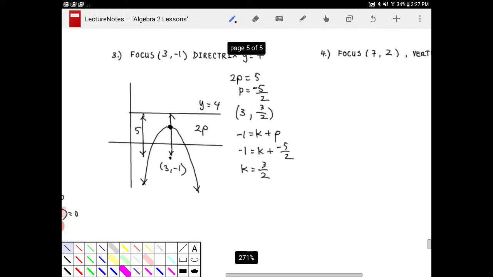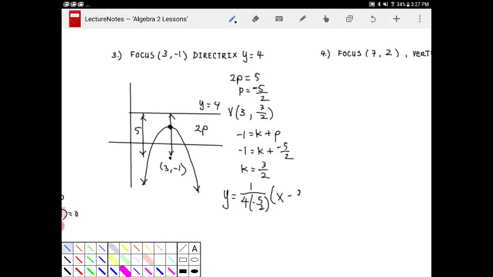So now that I know the vertex is (3, 3/2), and p is equal to negative 5 halves, the equation is going to be y equals 1 over 4 times negative 5 halves, times (x minus 3) squared, plus 3 halves.